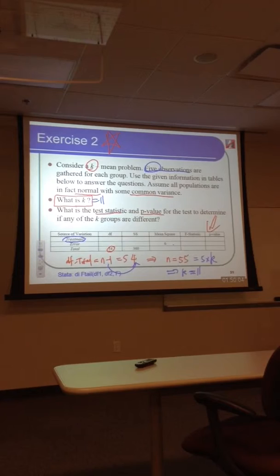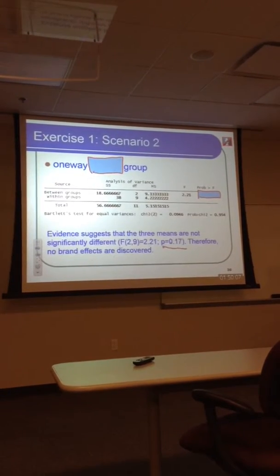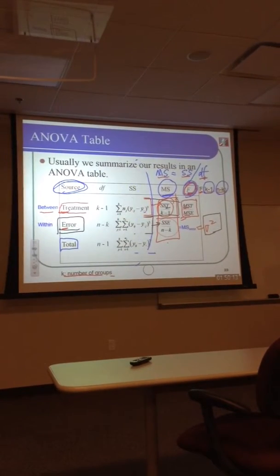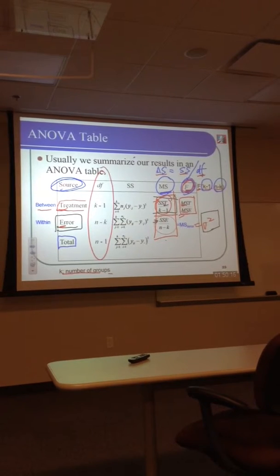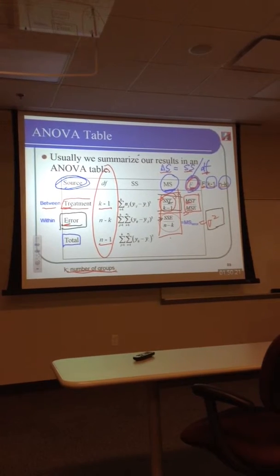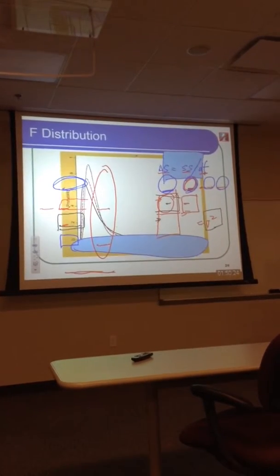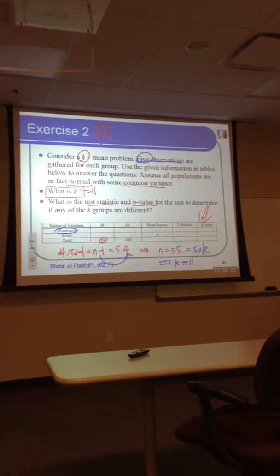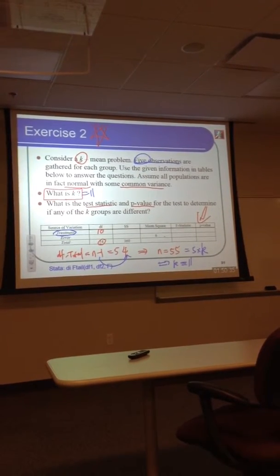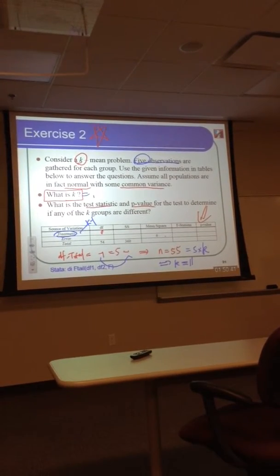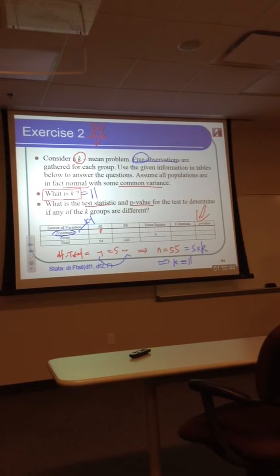K minus 1, where K is the number of groups. That's something you have to memorize: the degree of freedom for total is N minus 1, and the degree of freedom for treatment equals K minus 1. So 11 minus 1 equals 10.